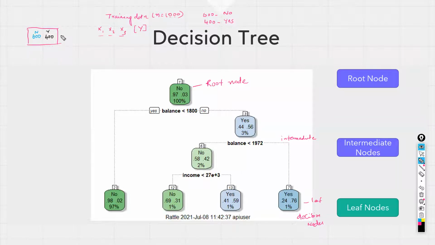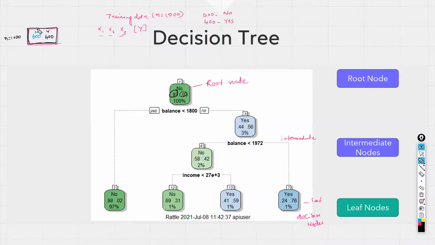So this is where we are starting, at the root node. At the root node, I have 1,000 observations, and out of them, 600 belong to no class and 400 belong to S class. So that's like 60% belongs to no class and 40% belongs to S class.